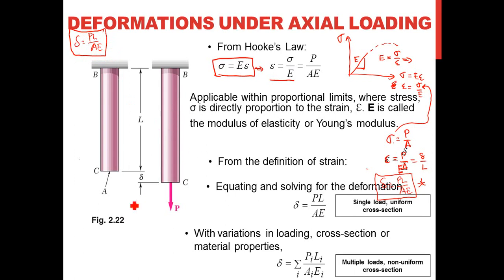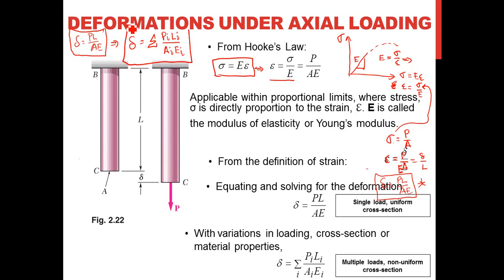If you have a structure with multiple or different materials, and the cross section area is also different, you can write the equation for deformation delta as the summation of PiLi over AiEi.